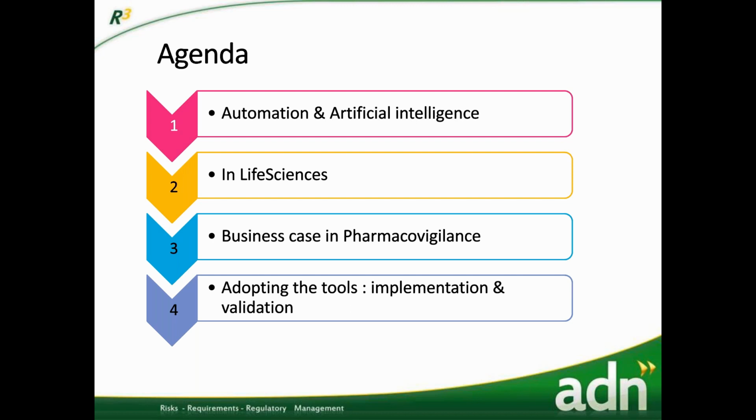After, we will show you a business case in pharmacovigilance we have developed to show what kind of tasks can be eligible for automation and cognitive artificial intelligence in the pharmaceutical industry. And after, we'll think about the different topics and the way to implement and validate those new tools in those industries.